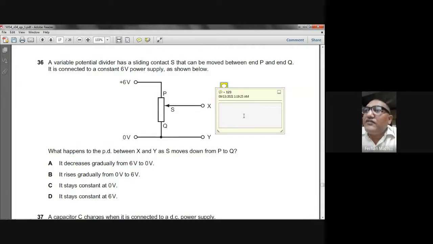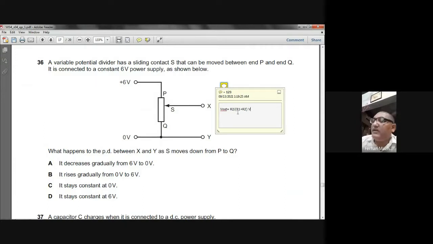The formula, if you have studied that book, the formula for the V out: V out is equal to R2, and R2 means the subscript is R2, divided by the total resistance, that is R1 plus R2, bracket close, and the whole thing multiplied with V, the voltage of the battery.